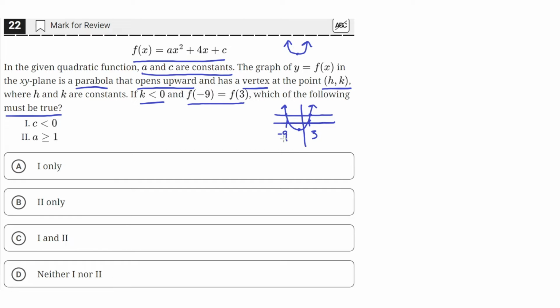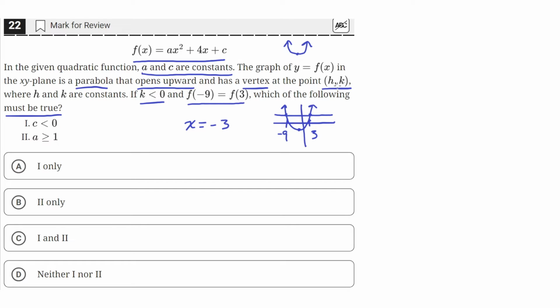And the value in between negative 9 and 3 is negative 3. So that means the vertex of this graph is at an x value of negative 3.